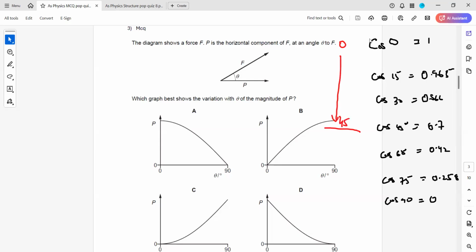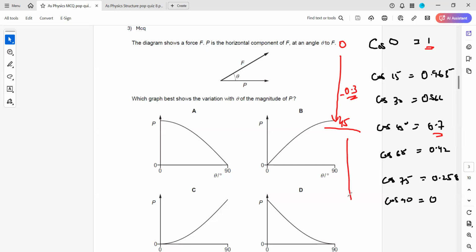Look, if you check the variation of cosine when the angle changes from 0 to 45, how much has the value decreased? It was 1 and it became 0.7, so the change in the value is only 0.3.